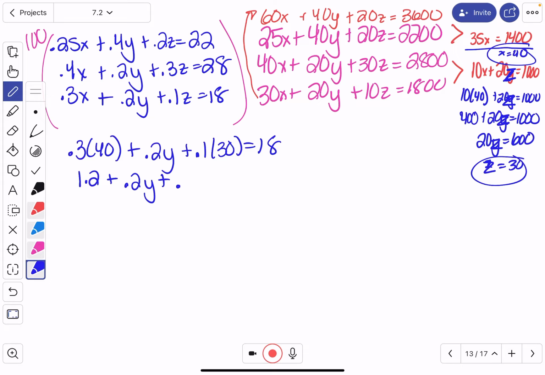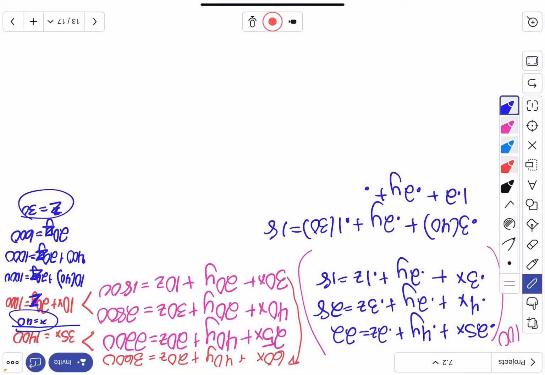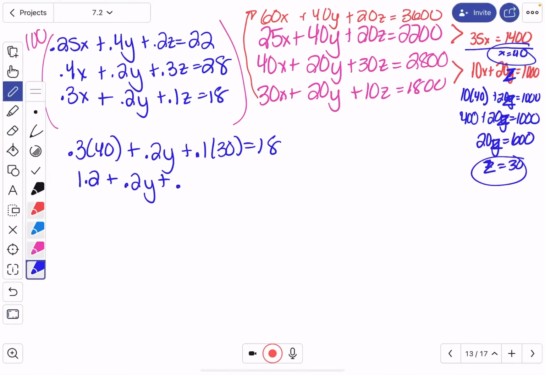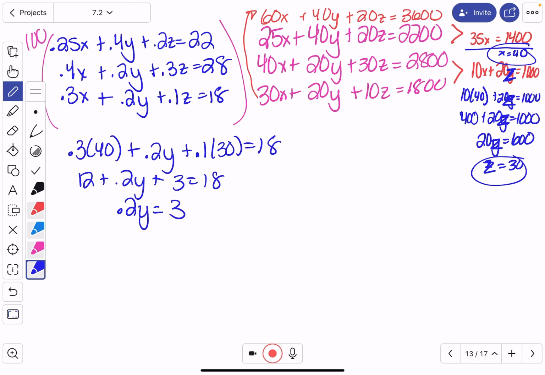Let me just make sure I'm doing this right. 0.3 times 40 is 12. And 0.1 times 30 is 3. So if I subtract, we end up with 18 minus 3 minus 12, 3. Divide by 0.2, y equals 15.